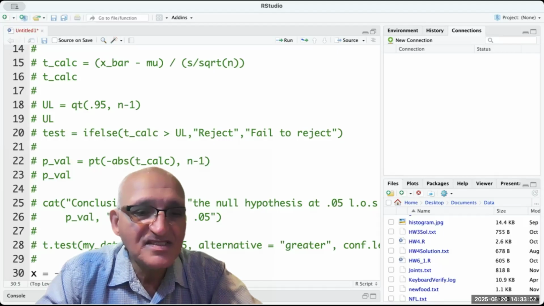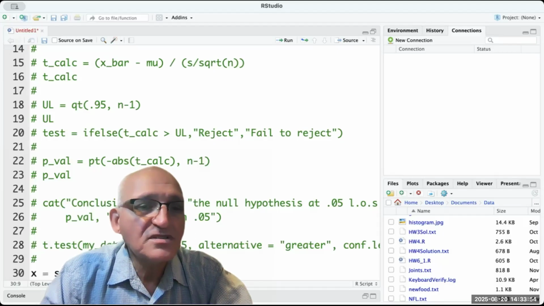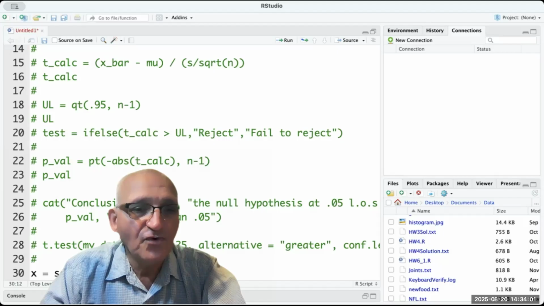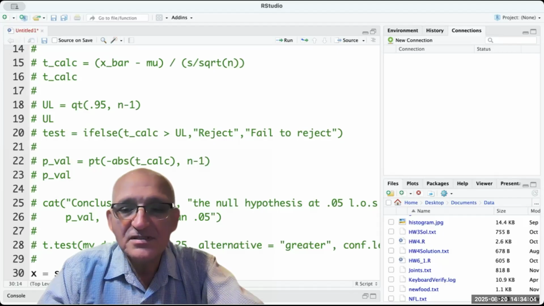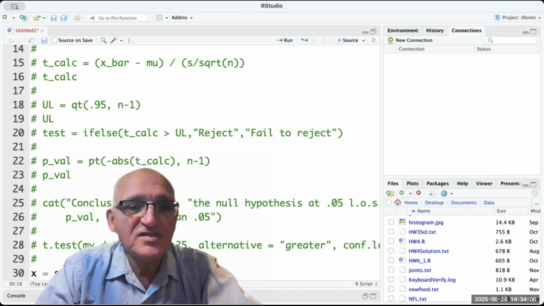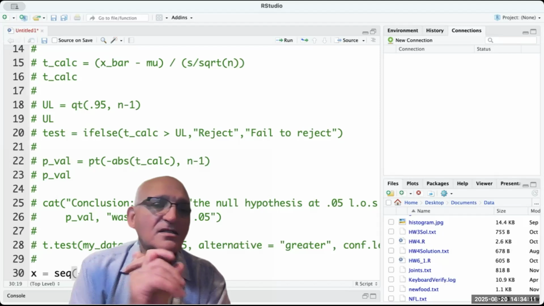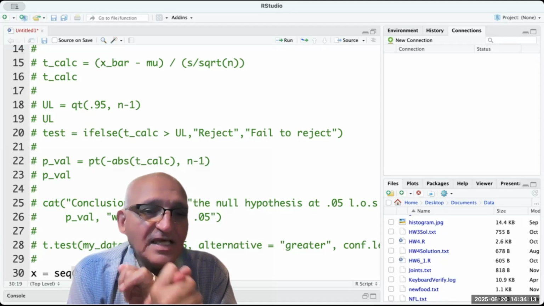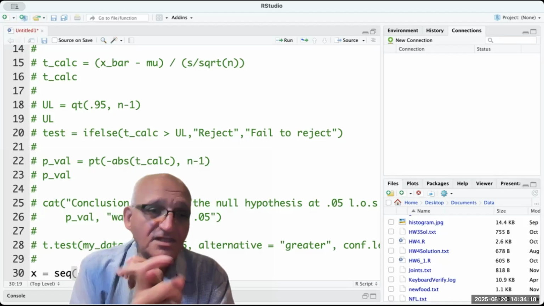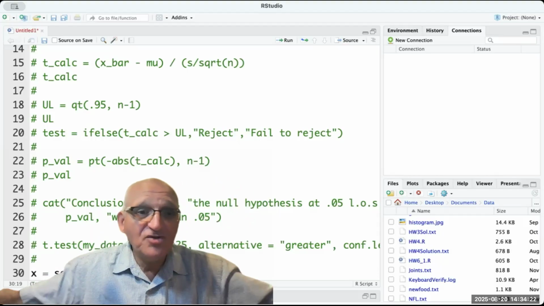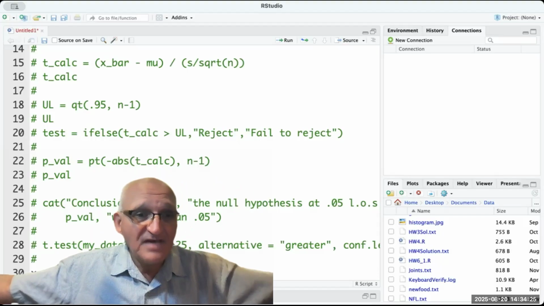I'm going to write a sequence, which is another way to create a vector, from -4 to +4 with very small increments, so maybe 0.001. It will calculate the PDF at -4, then -3.999, and so on, creating like 80,000 data points.